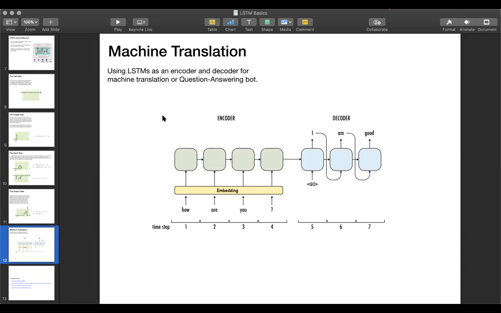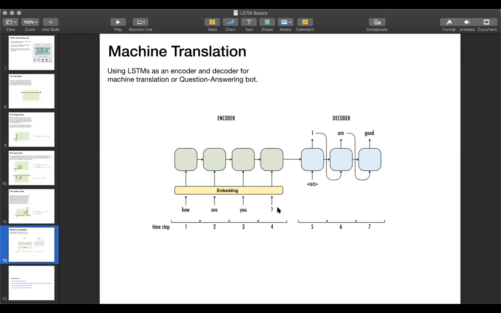So that's one very cool application, and you can very easily see how a question answering bot can also be created via something like this, or maybe something like a chatbot, for example, a generative chatbot. This diagram is basically that of a generative chatbot.